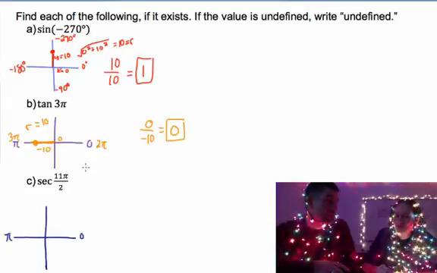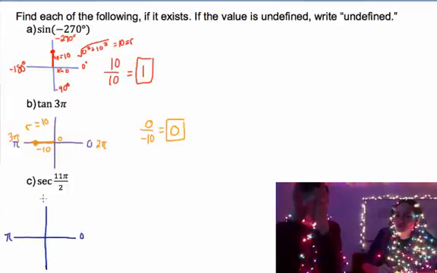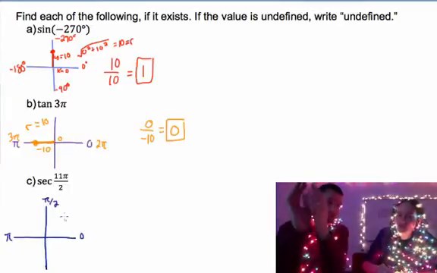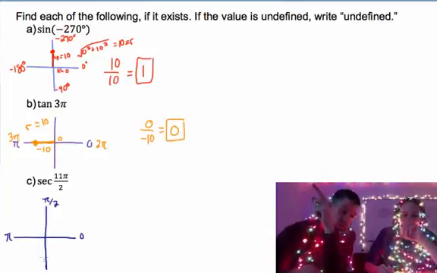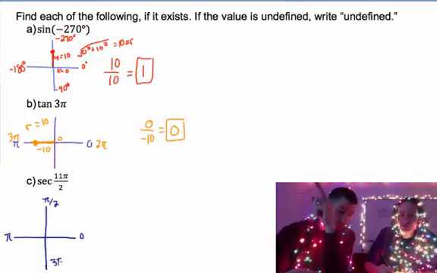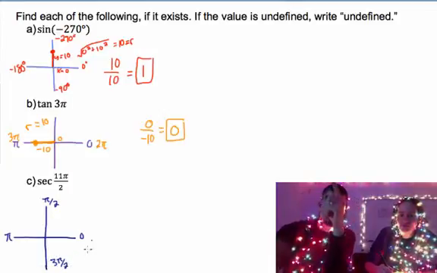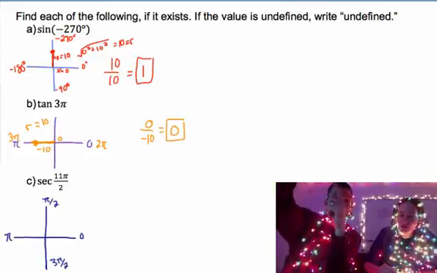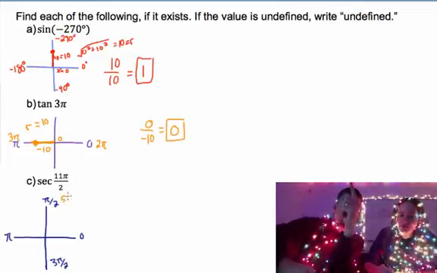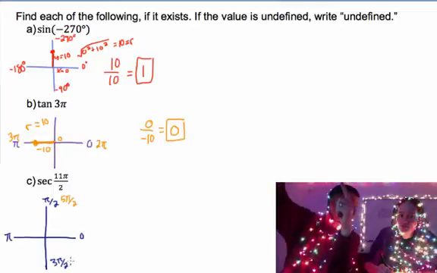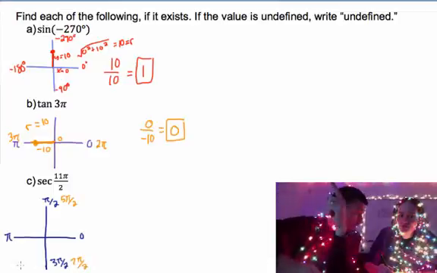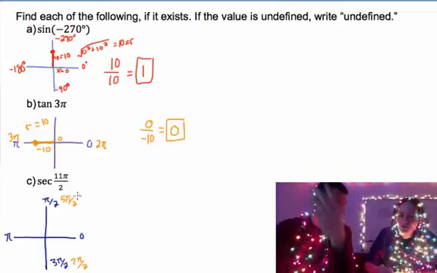You start straight up at pi over 2, then all the way around to the bottom is 3 pi over 2. So I added 2 on top. Add 2 again, that's 5. Again, that's 7, then 9, and 11.